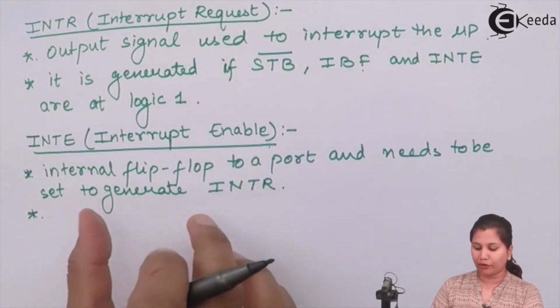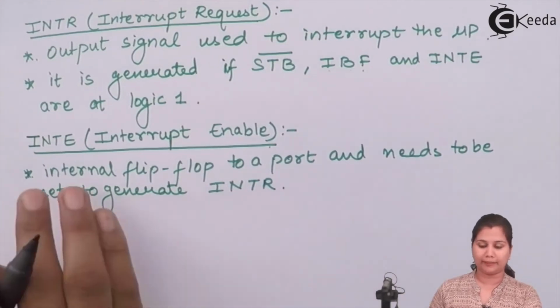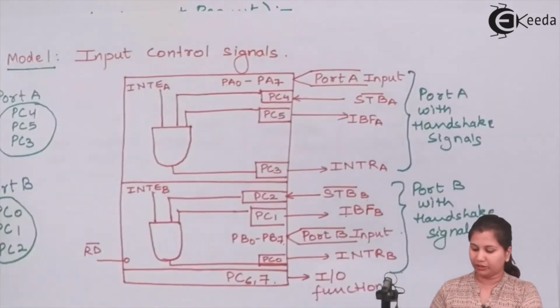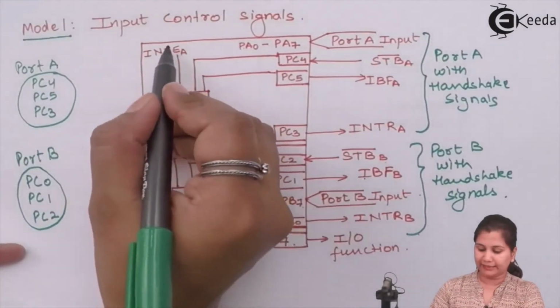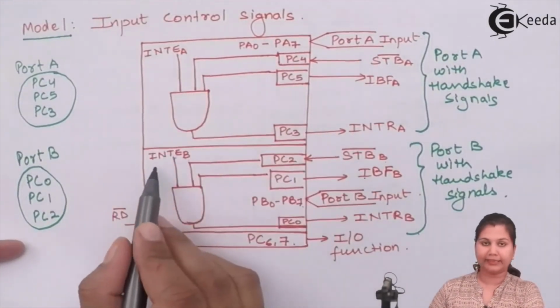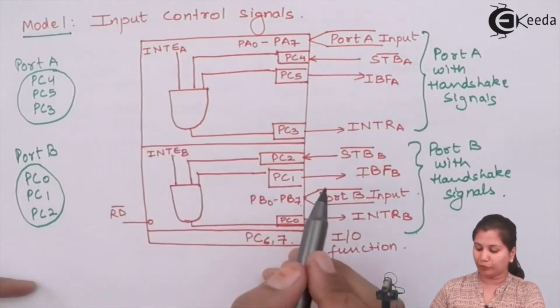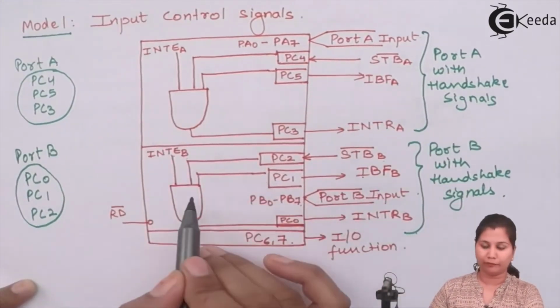For each of the ports, port A and port B, we have two internal flip-flops. This is INTE A and this is INTE B. So port A will have an internal flip-flop and port B will also have an internal flip-flop.